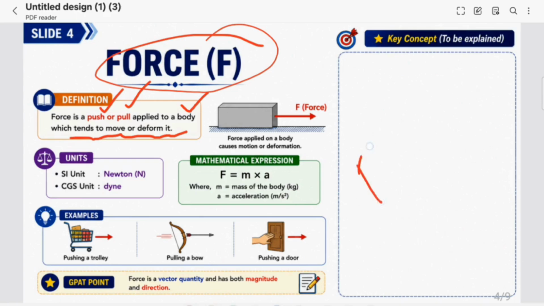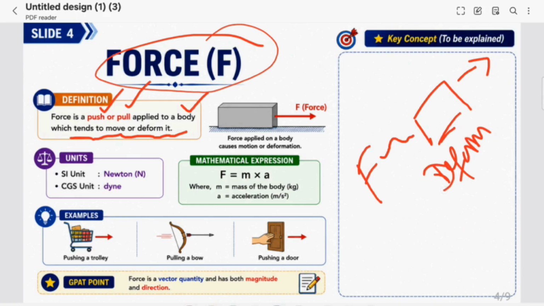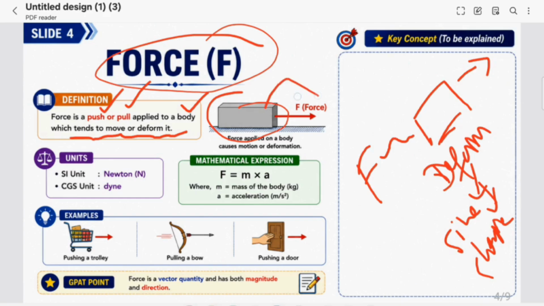That means a change in size as well as a change in shape. So that is what force is: a pull or push applied to the body, which tends to move or deform it. What is the SI unit here?